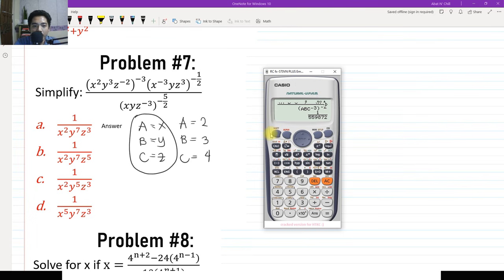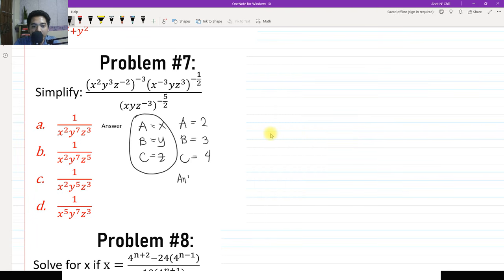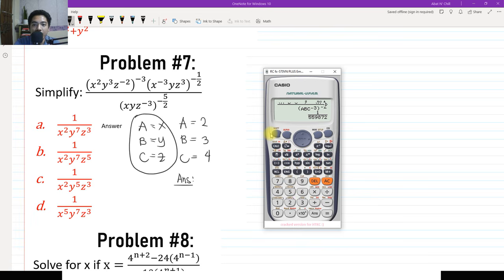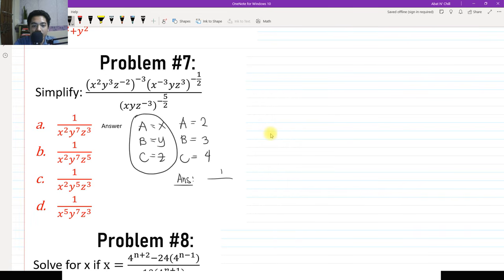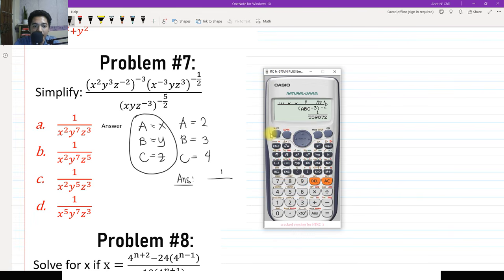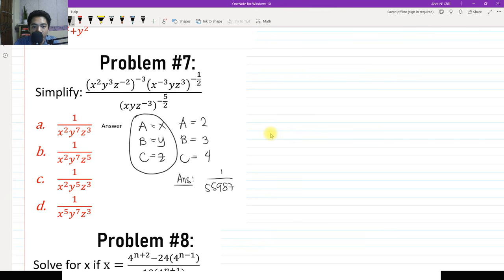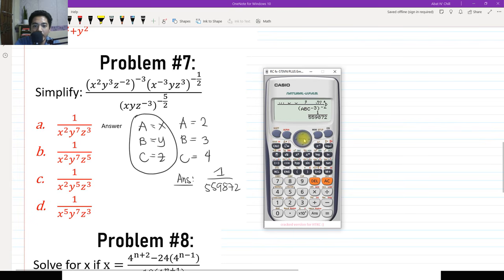If the answer would be a very large number or a very small number, we can store it in our calculator for future reference. So what we are going to do is store it in our calculator by clicking Shift, then STO, in our RCL.